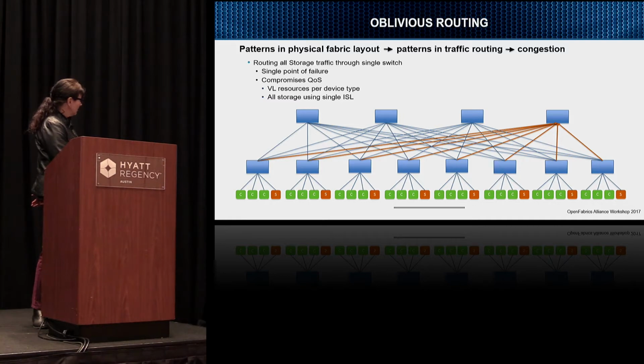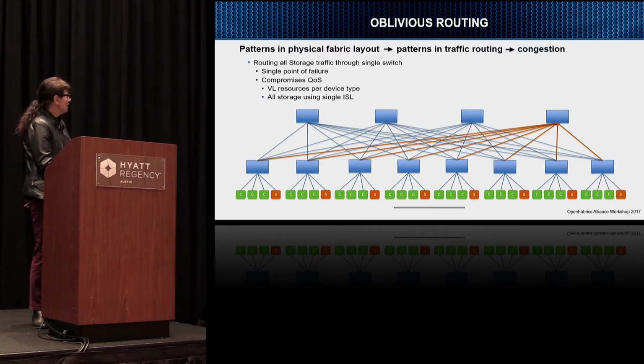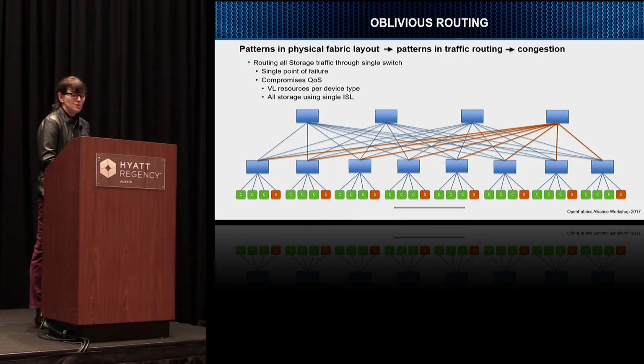Okay, compute, storage, if you do a simple round robin, in this case, you could end up routing all of your storage to a single switch, causing some type of saturation there. If you've provisioned the fabric so that different resources are provisioned for each type of device using different VLs, you've compromised that quality of service.